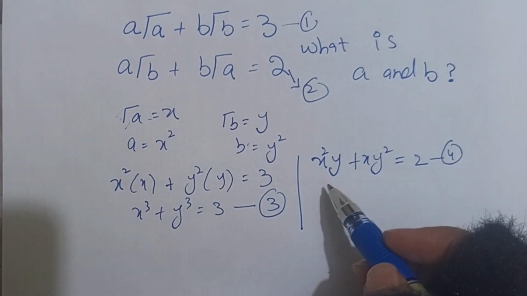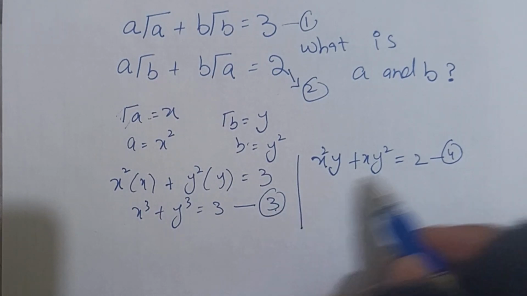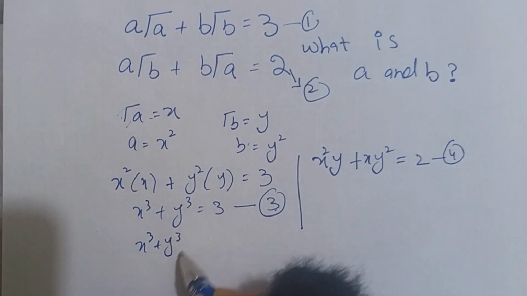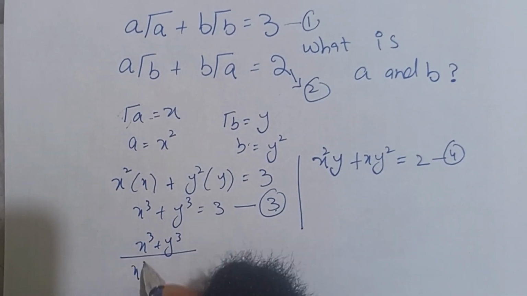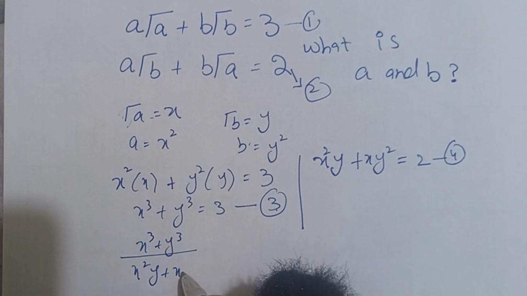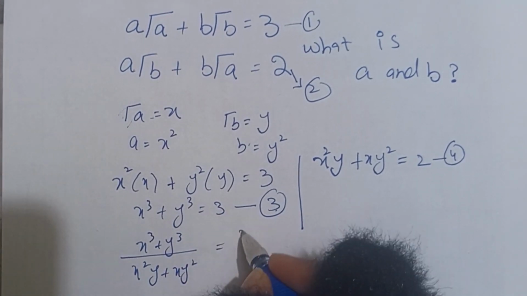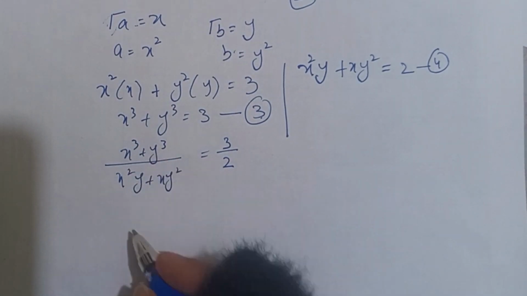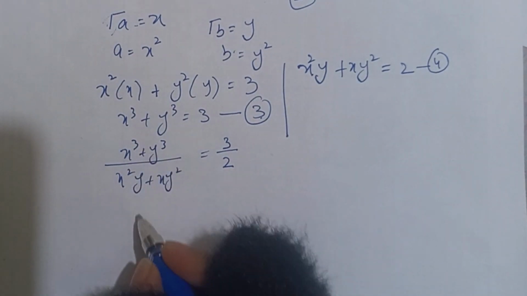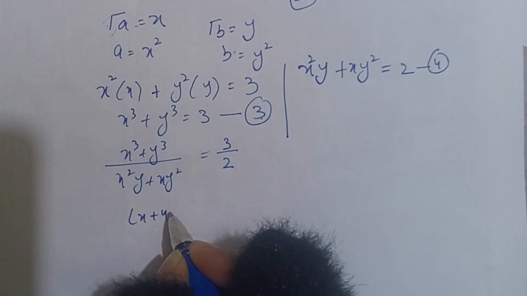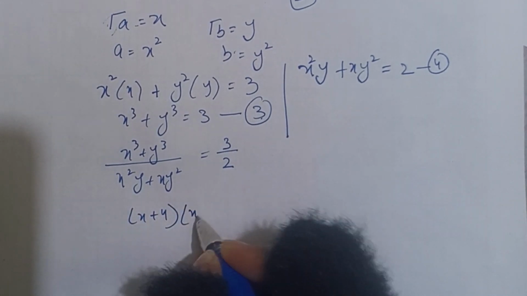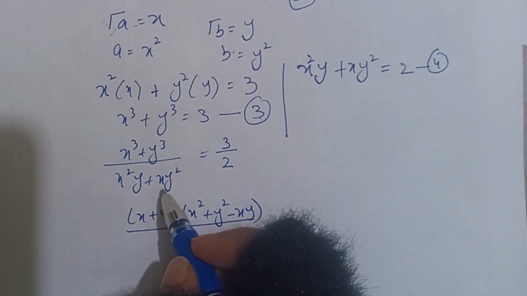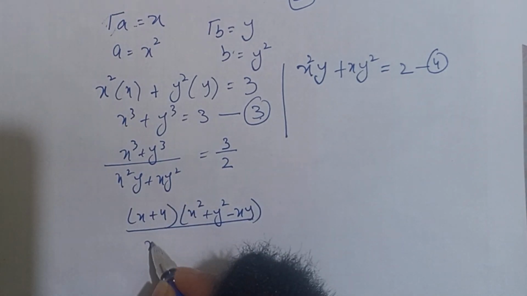Now in the next step, if we divide equation 3 by equation 4, then this will become x cube plus y cube divided by x square y plus x y square. The right hand side will become 3 over 2. Now look at the denominator. We apply the identity: as we know, x cube plus y cube is equal to x plus y multiplied by x square plus y square minus xy, and in the denominator xy is involved in these two terms, so we take it common.